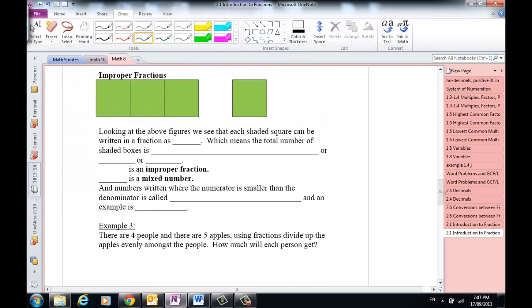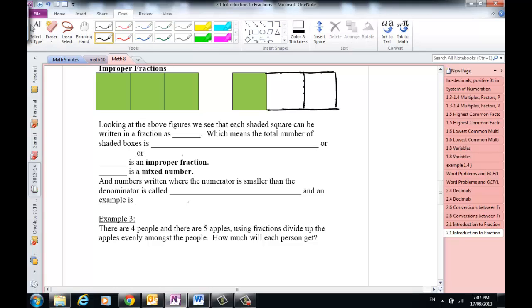Alright, let's look at some improper fractions. Looking at the above figures, we see that each shaded square can be written as a fraction. Now notice that here I have this whole piece shaded in, but only one out of 1, 2, 3 has been shaded in.